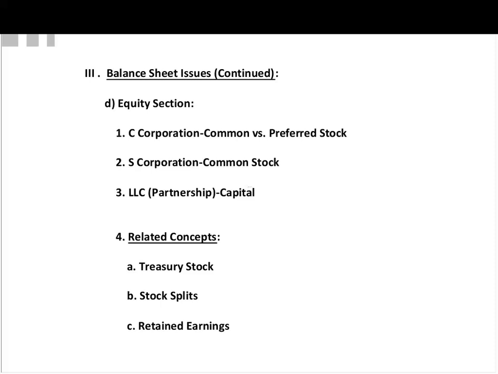Under number 4, just briefly, what's treasury stock? Treasury stock is when typically a publicly traded corporation, it could be privately held, but typically we would see this in a publicly traded corporation, will take their cash and buy their own stock back and hold the stock.